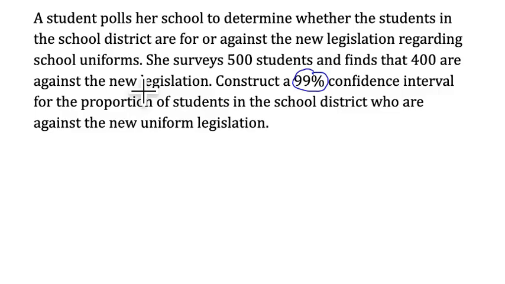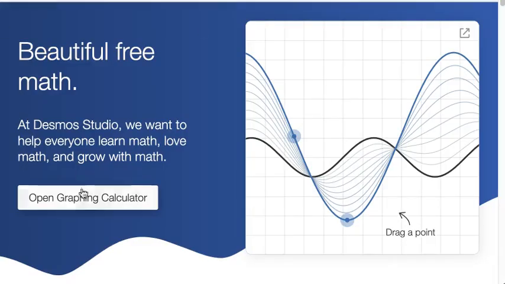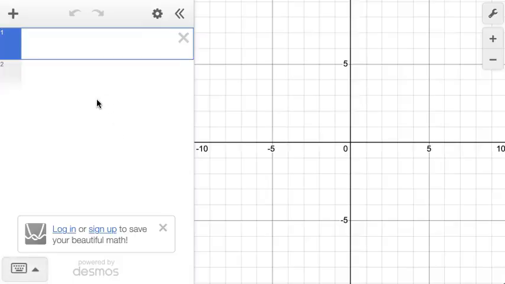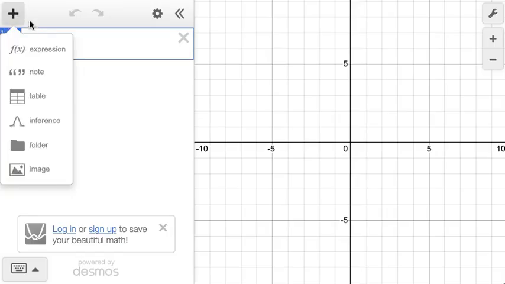So let's go over to Desmos.com, and we're going to open the graphing calculator. And to get going on our confidence interval, we hit the plus button up here in the top left of the calculator screen. And from there, we choose inference.